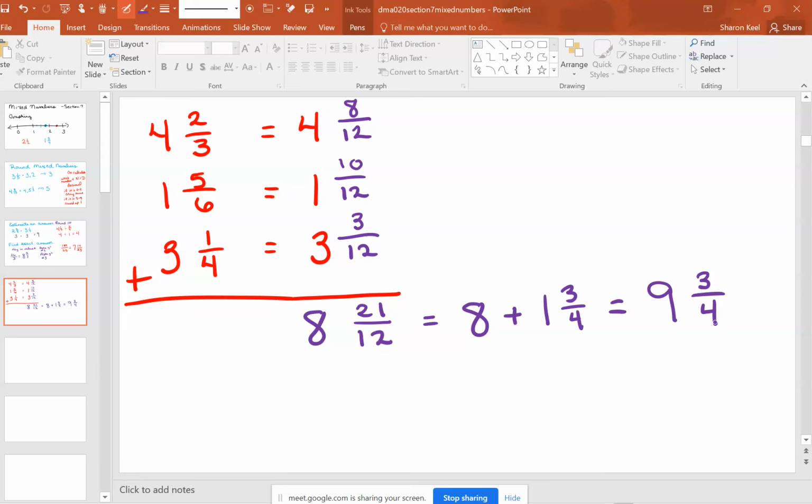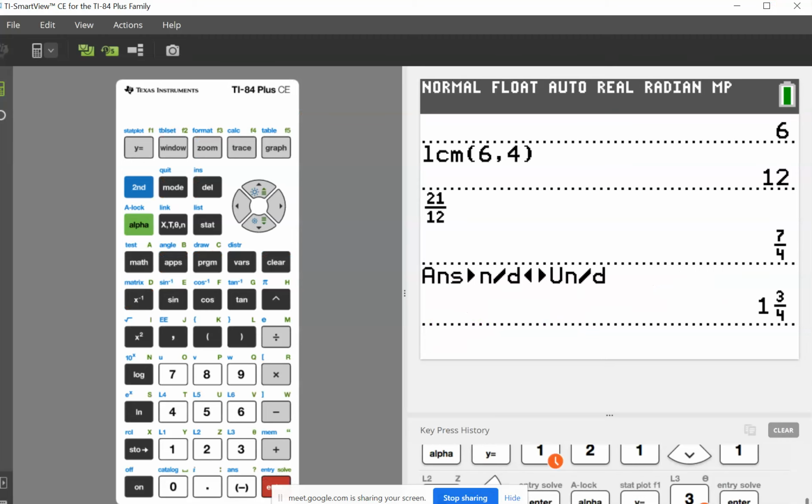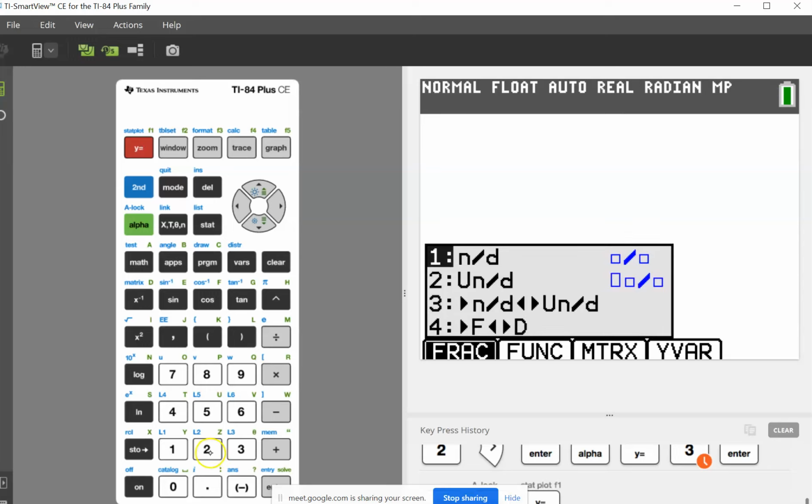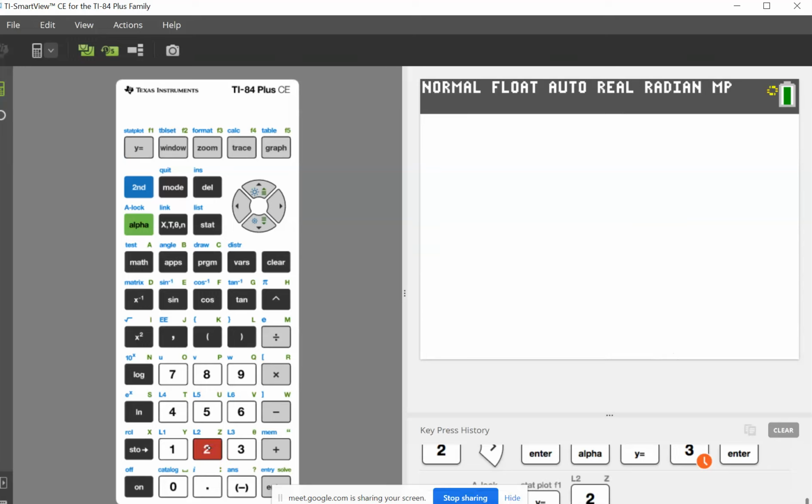However, if you do, please come back to the original here and key these in as the original numbers. That process, so you're familiar again with how to key that in. You would do alpha y equals, and for each one, you're going to choose the second option because each of these are mixed numbers. So we'll start with our 4 2/3.